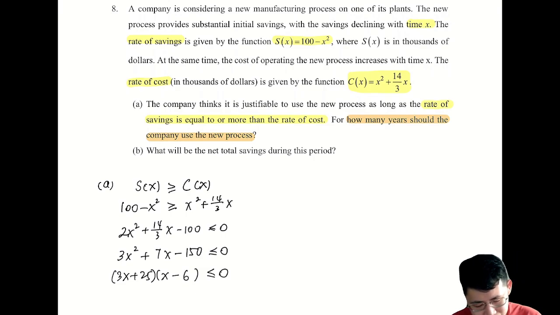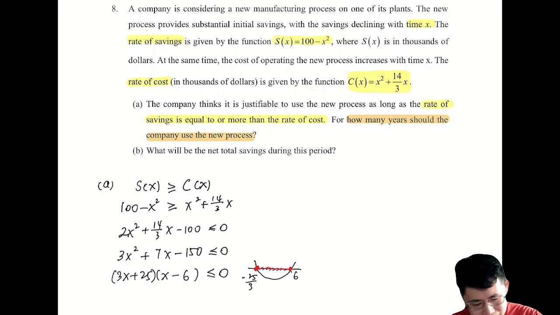With this, let me sketch this quadratic graph. Over here I have negative 25 over 3, and I have 6 over here. For the portion below 0, because I want it to be below 0, I'm going to look at this part of the graph, which will give me this region over here.